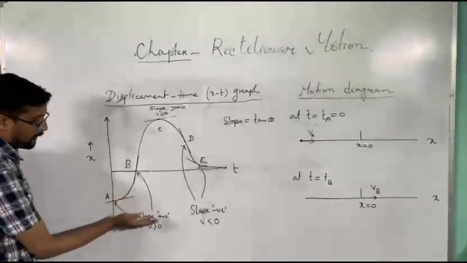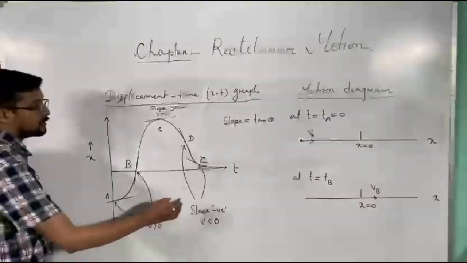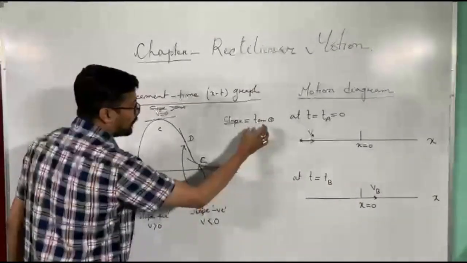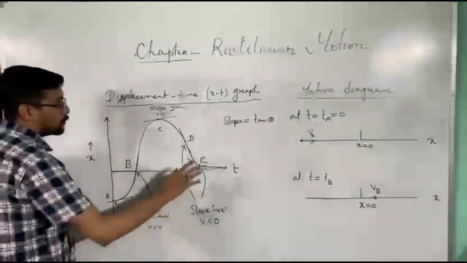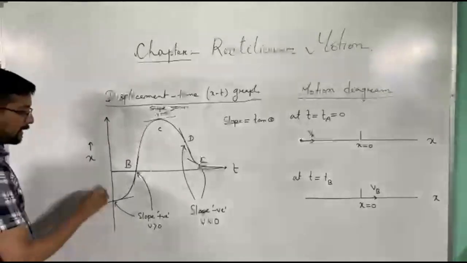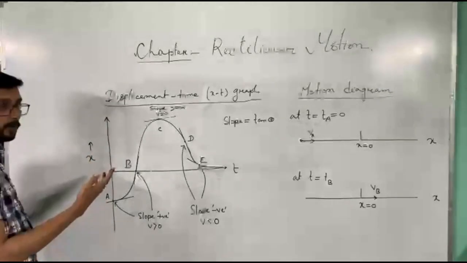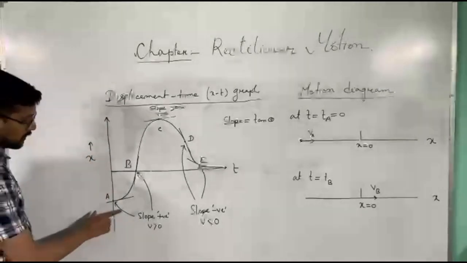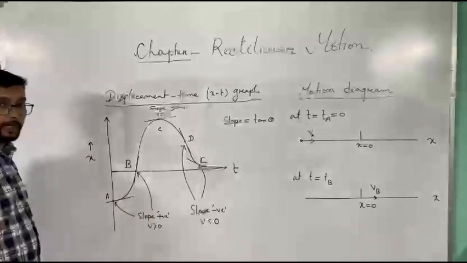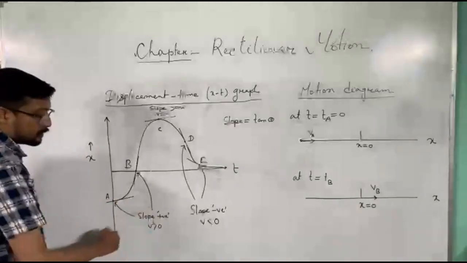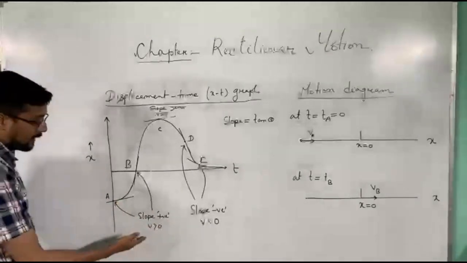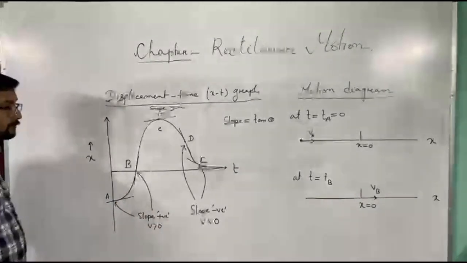That means my slope is basically positive because tan theta is positive. If slope is positive, the meaning is, because we already know from the physical significance that slope gives us velocity, so if slope is positive, that means indirectly velocity is positive.